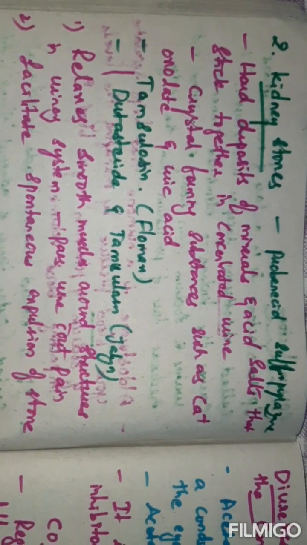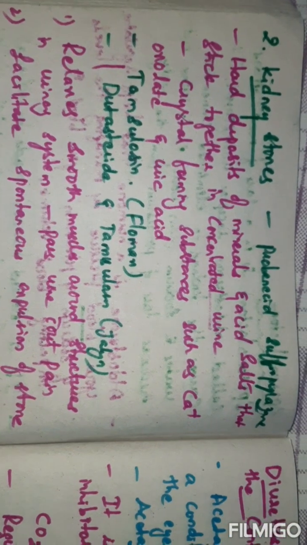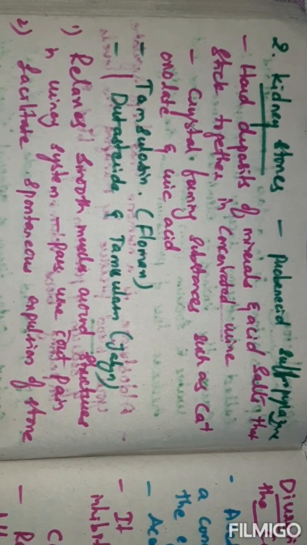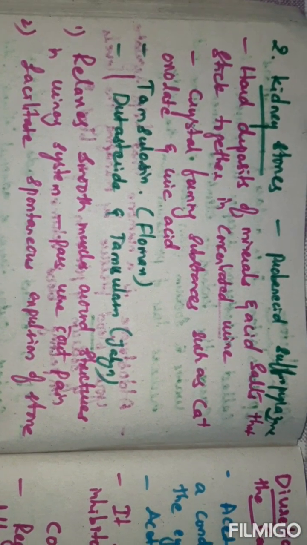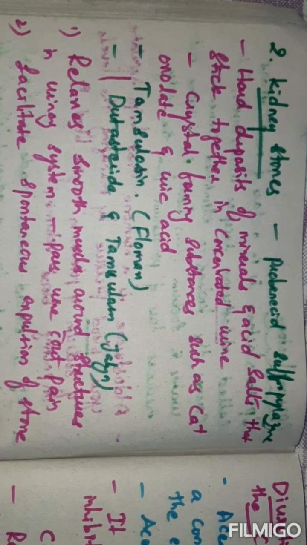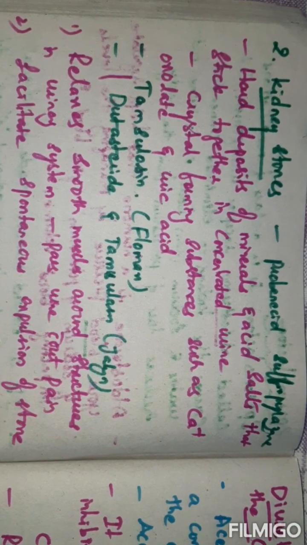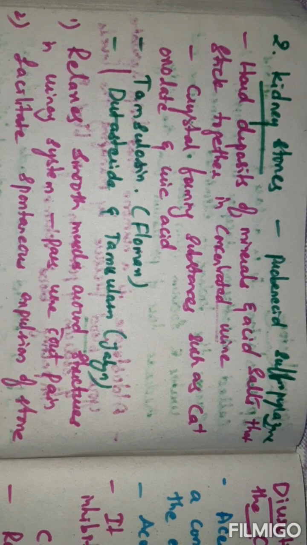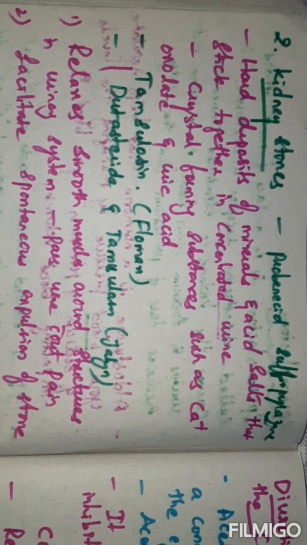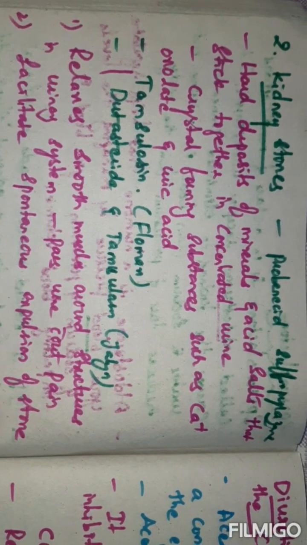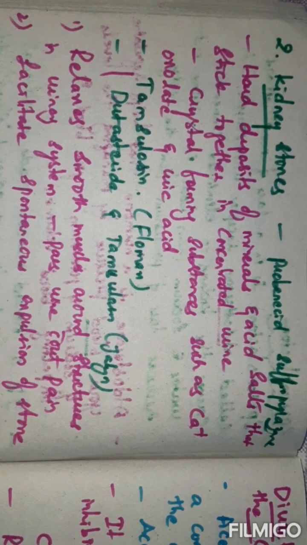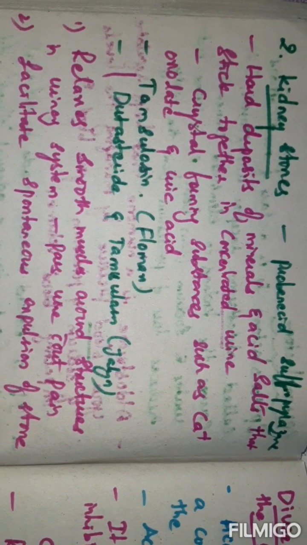As we have seen, chronic kidney disease and the drugs used to treat it. And then come kidney stones. We often hear about them. They are hard deposits of minerals and acid salts that stick together in concentrated urine, that means crystal forming substances such as calcium oxalate and uric acid.